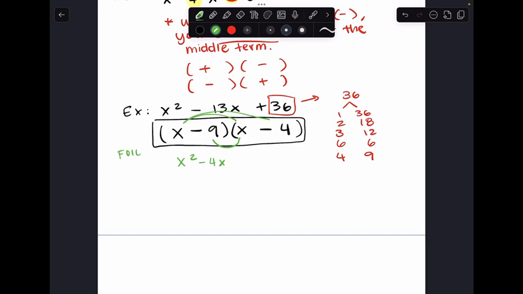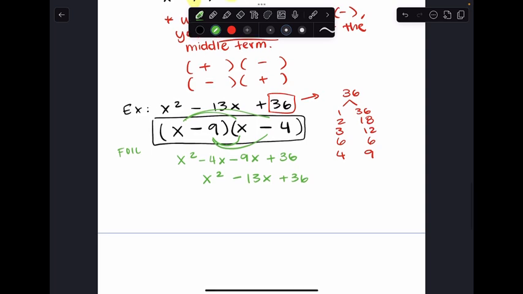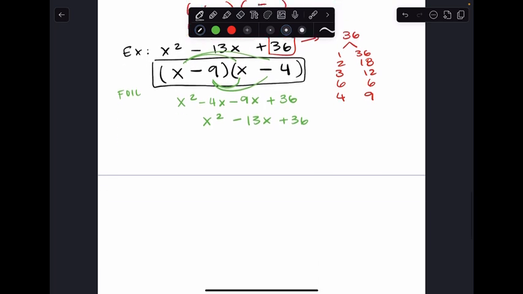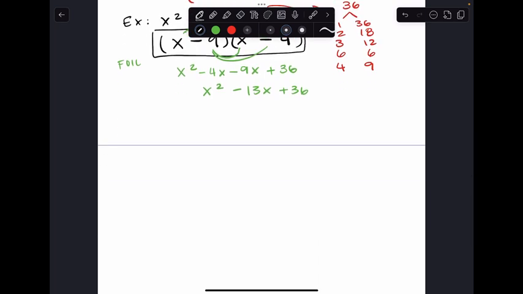Negative 9 times an x gives you a negative 9x. And then negative 9 times negative 4, that's how you get that positive 36. All right, so using that little cheat sheet I gave you above is going to help you determine your signs efficiently and quickly. Let me give you another example using a different scenario.